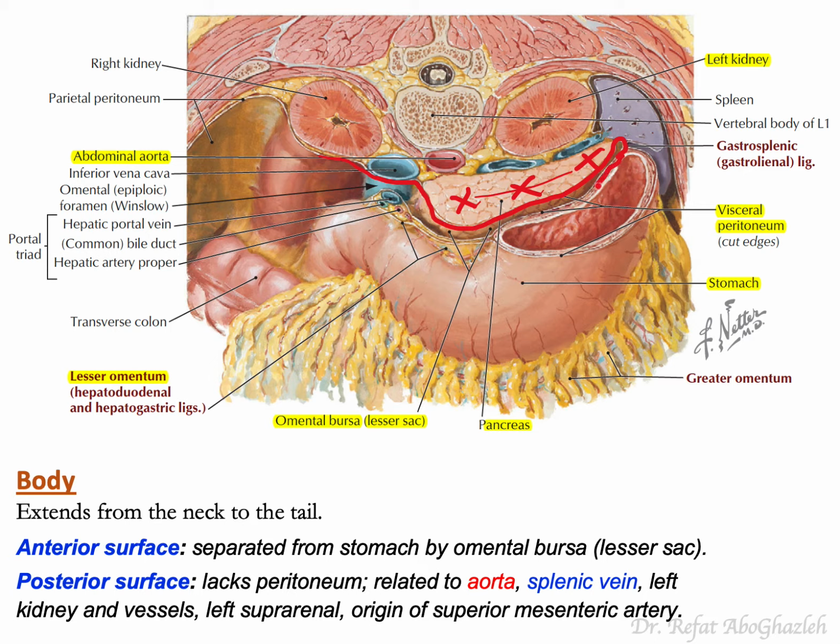It continues, covers the posterior surface of the stomach, as you see here, and covers part of the pylorus as well. So look at the space that's created here. This space is the lesser sac, small sac space, or omental bursa.